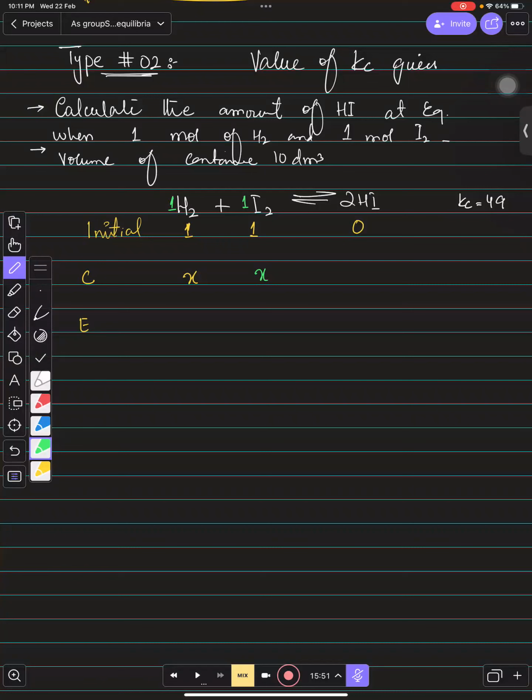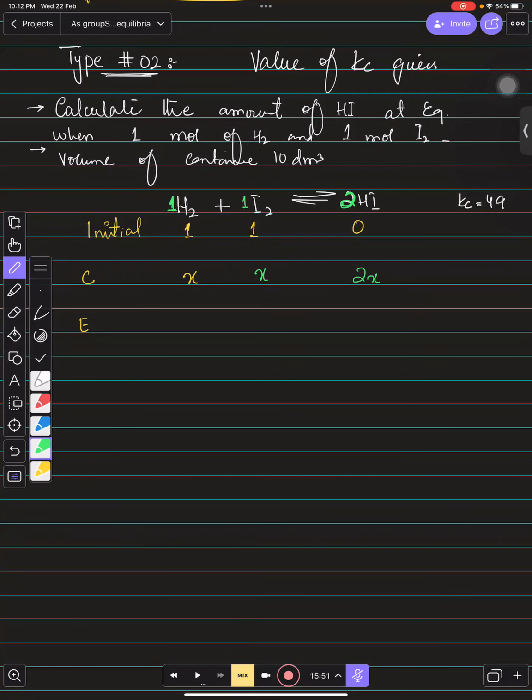And also you need to see that if 1 mole of hydrogen is consumed, then 2 moles of hydrogen iodide are formed. It means if x hydrogen is consumed, then 2x hydrogen iodide would be formed, right? Yes, sir.